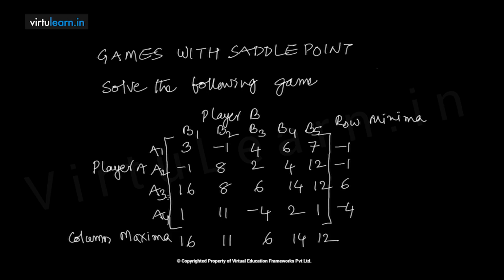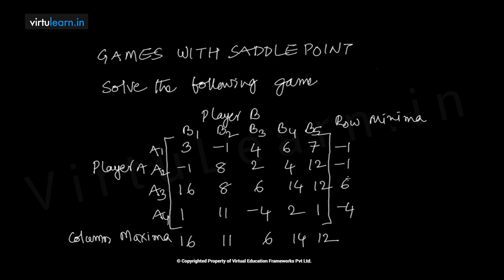Similarly, when he chooses B2, the maximum loss is 11 here. When he chooses B3 strategy, the maximum loss is 6. When player B chooses B4 strategy, the maximum loss is 14.